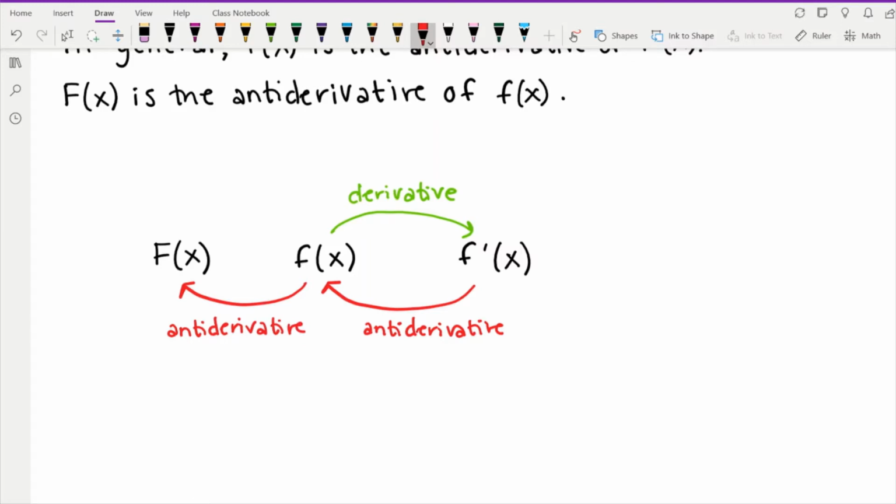It's just a convention. Typically, if you're given f prime of x, the antiderivative you write as f of x. If you're given f of x, you write the antiderivative as capital F of x. And so if you take the derivative of capital F of x, that would give you little f of x.